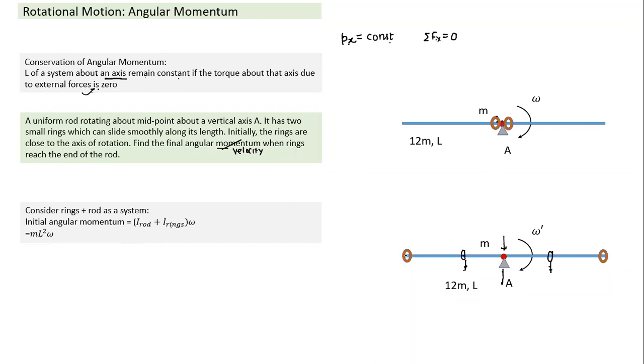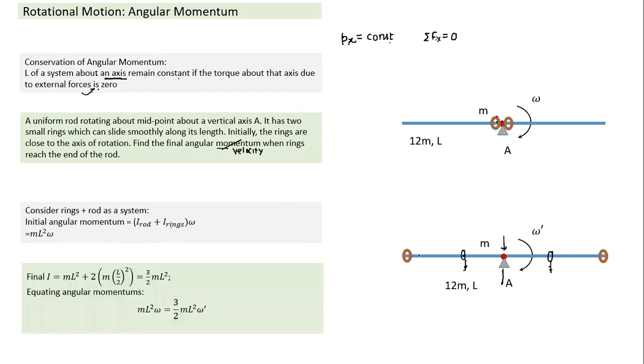When the rings have reached the end, what has changed now? Omega dash has changed. The reason omega dash changed is that the mass is farther away from the axis of rotation. As mass becomes farther away, the moment of inertia increases. In this case the moment of inertia of the rod remains the same, but each ring's mass is at a distance of L by 2, so its moment of inertia becomes m into L by 2 whole square.